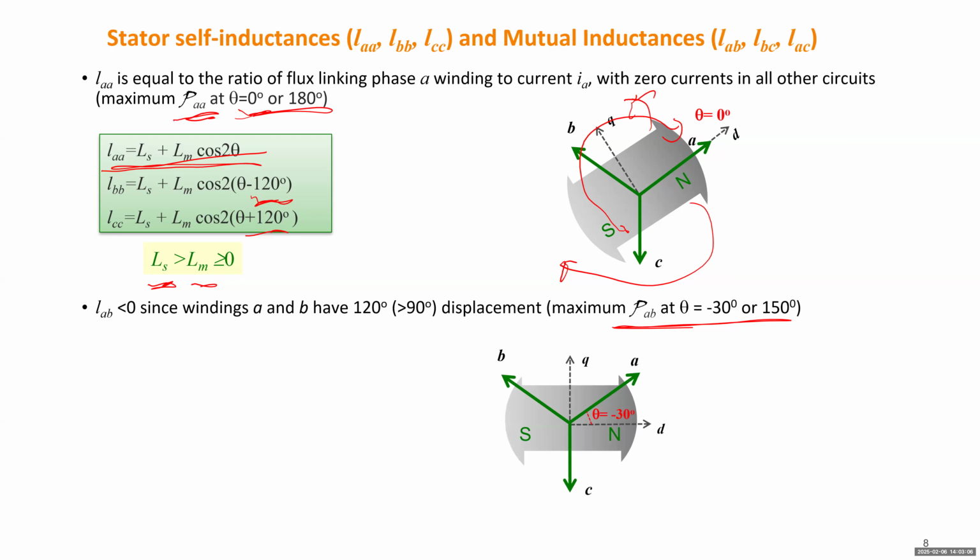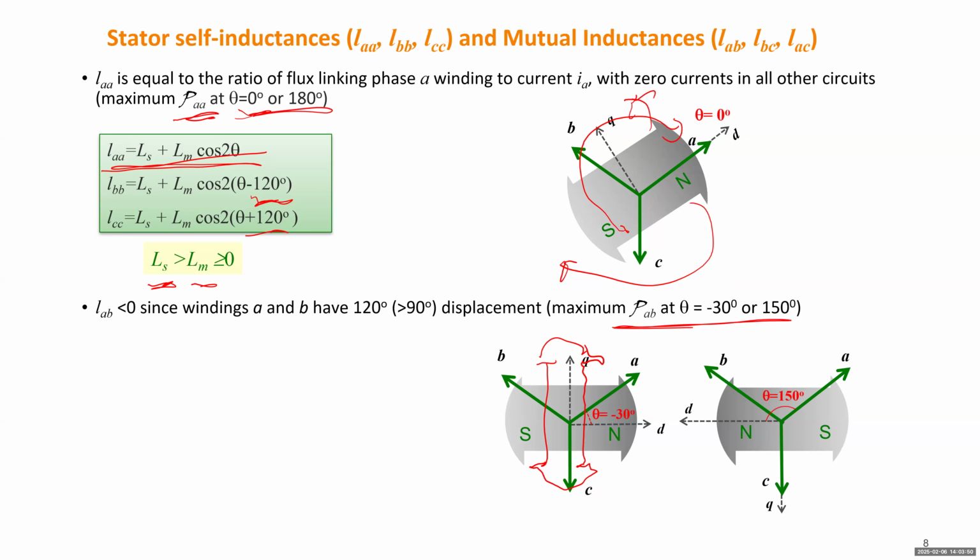If I still assume A, B, C pointing to those three directions, it is when the D axis is lagging A by 30 degrees, which gives you the smallest air gap for the flux linkage paths connecting A and B. If the rotor is right at this position, the permeance will reach the minimum because you have the largest air gap from A to B. So when theta is equal to either negative 30 degrees or positive 150 degrees, the permeance will reach the maximum value.